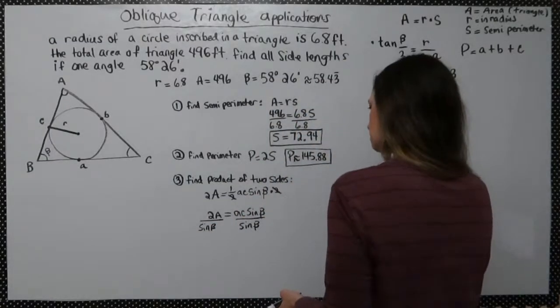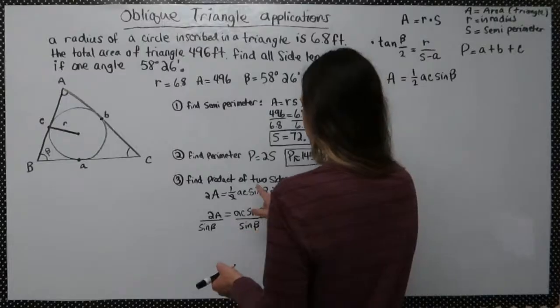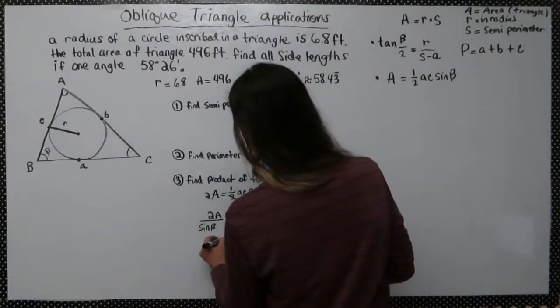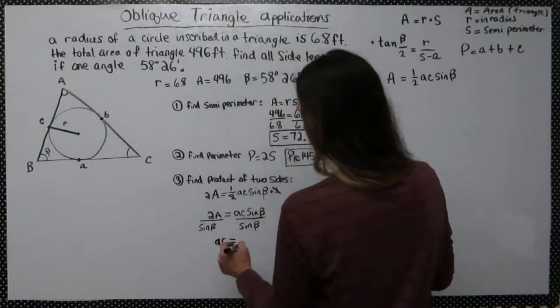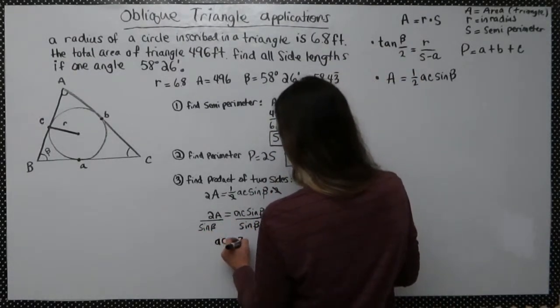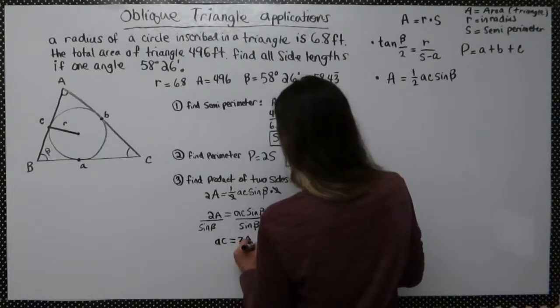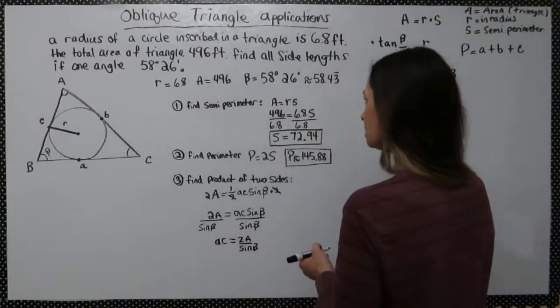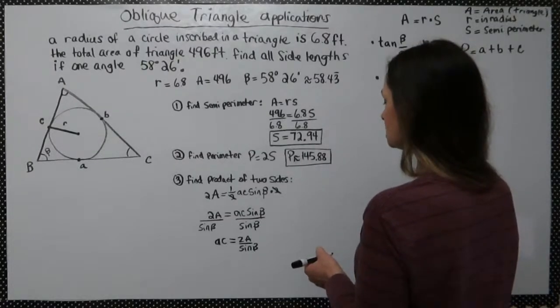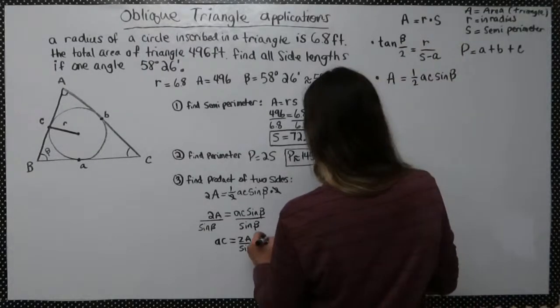And we're going to get AC, the product of 2 sides, is going to equal 2A over sine beta. At this point, we'll plug in because we know A, and we also can calculate sine beta.